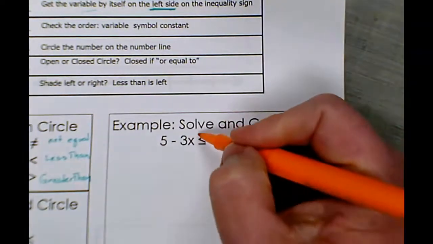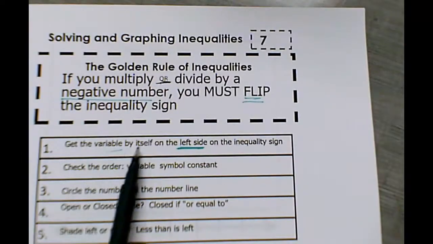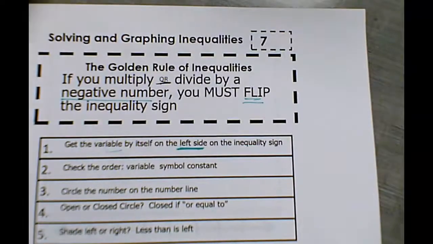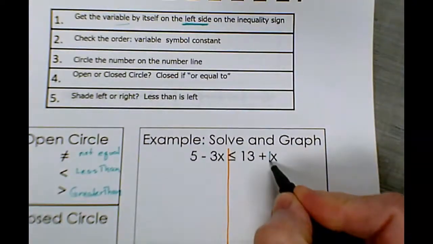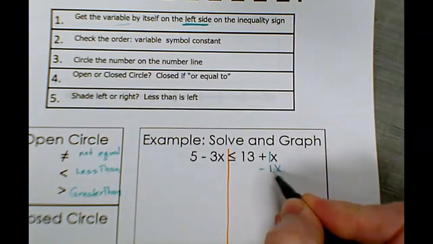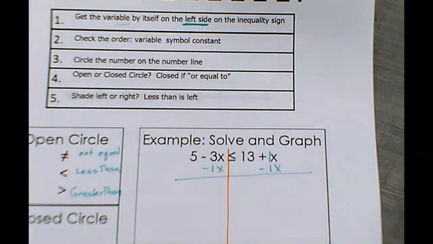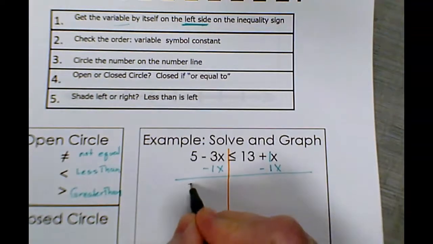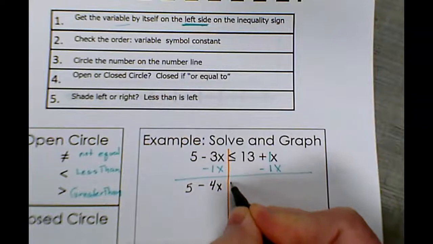The inequality divides my problem into the left side and the right. Step number 1 says get the variable on the left. So this variable, that's a 1, so I need to subtract 1x from both sides. I will bring down my 5, and so this would make a 4x.